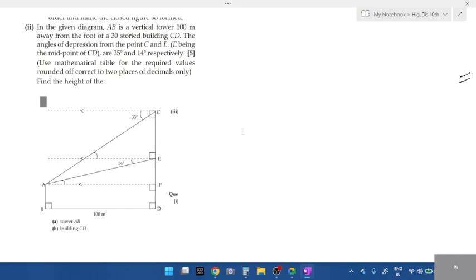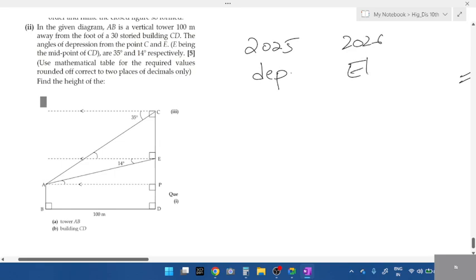In the given diagram, AB is the vertical tower, 100 meters away from the foot of the 30-story building CD. AB is a tower, CD is the building. The angle of depression. Okay, this is angle of depression question, 2025. Angle of depression, angle of elevation.